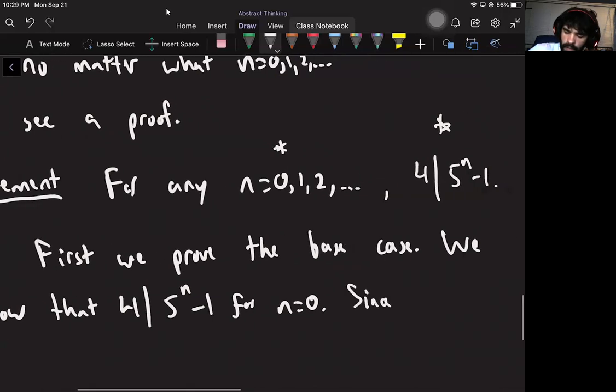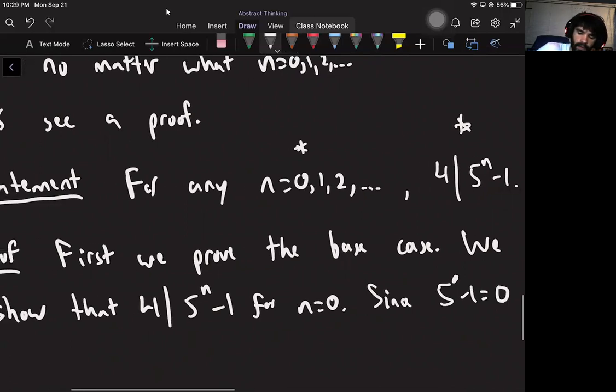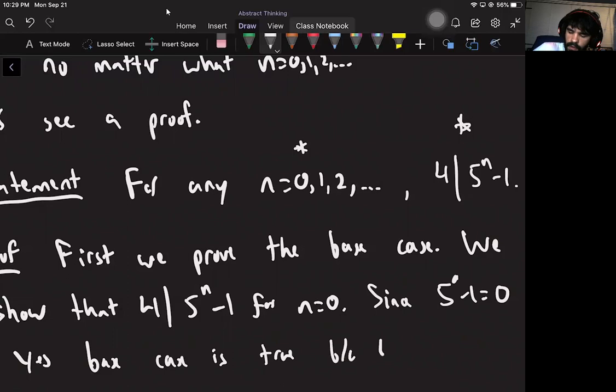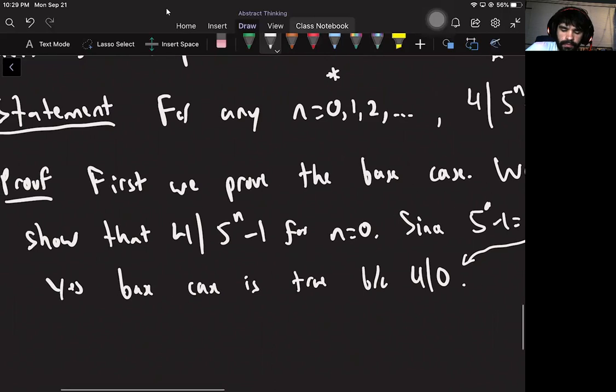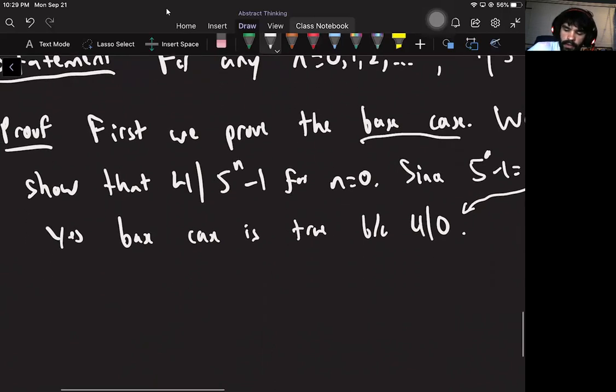Since 5 to the 0 minus 1 equals 0, yes, the base case is true, because 4 does divide 0, which is what I wanted it to do. Because 0 equals 4 times 0. So the base case is true. We proved it, great.